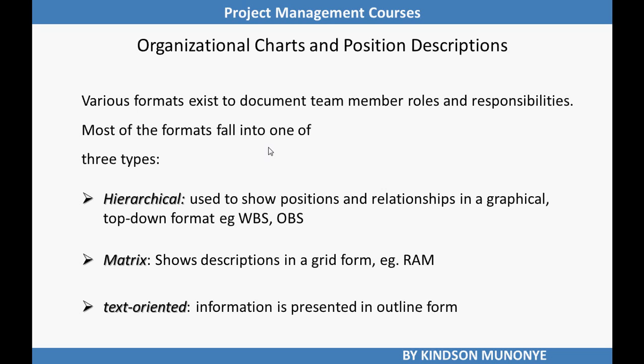Another format for documenting team member roles is the matrix-based format that shows descriptions in a grid form. For instance, the responsibility assignment matrix. Then we also have text-oriented formats which present the information in an outline form.